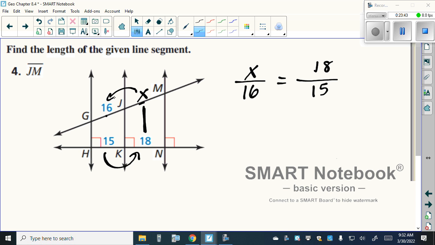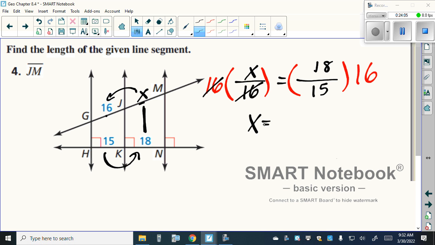Anytime we deal with something getting bigger, the scale factor should be greater than 1. And really, our 18 over 15 is kind of a scale factor. Because what we're going to do is multiply both sides by 16. Well, the 16 and 16 would cancel out.